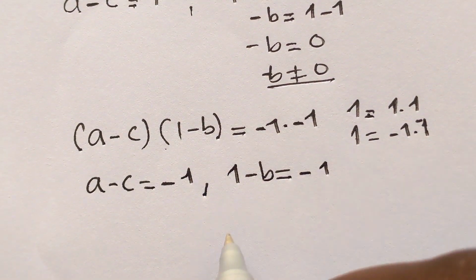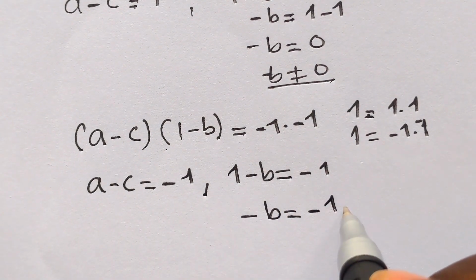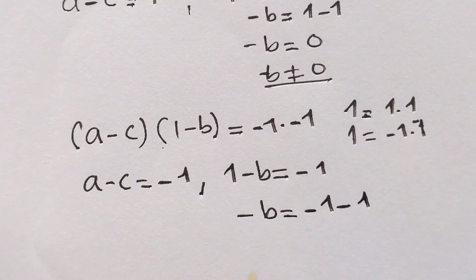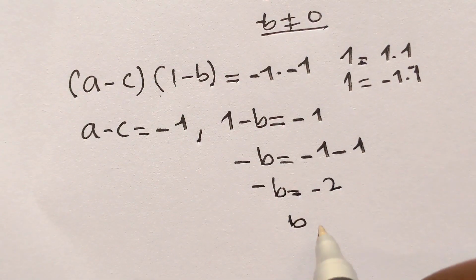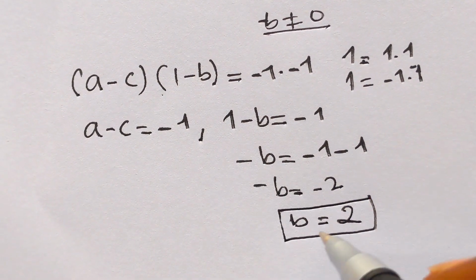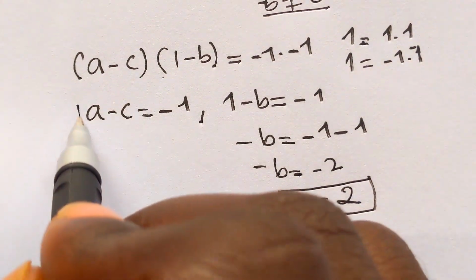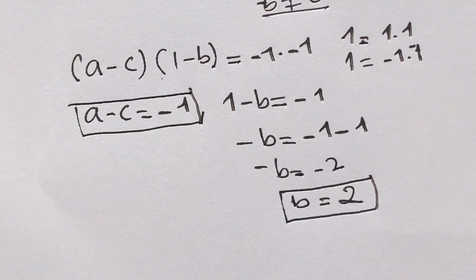Then negative b is negative 1 minus 1, negative b is negative 2, so b will be 2.